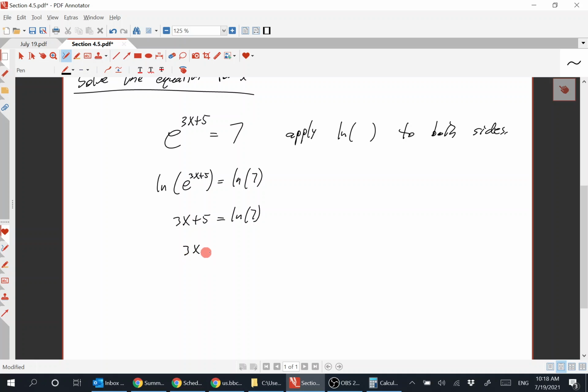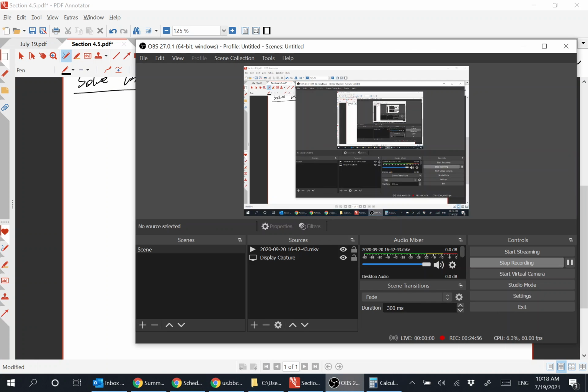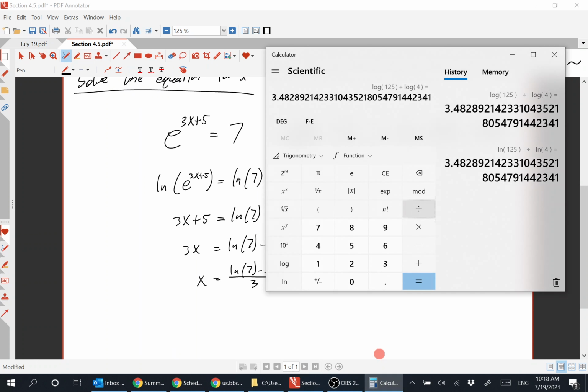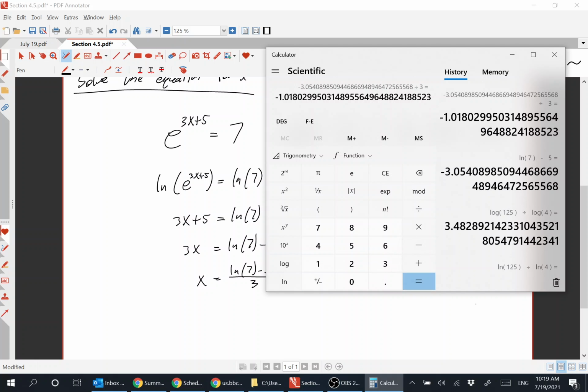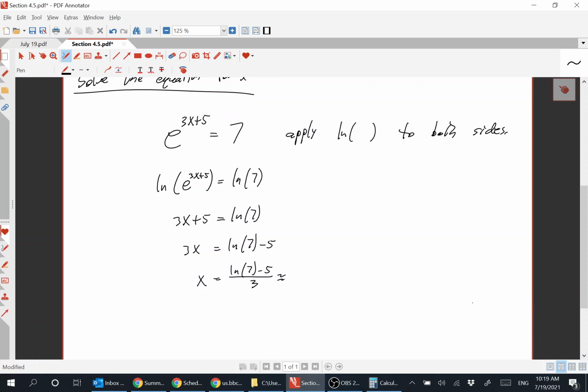So now I can solve for x. x is natural log of 7 minus 5, over 3. If you want an answer, it's natural log of 7 minus 5, divided by 3, so about minus 1.018.